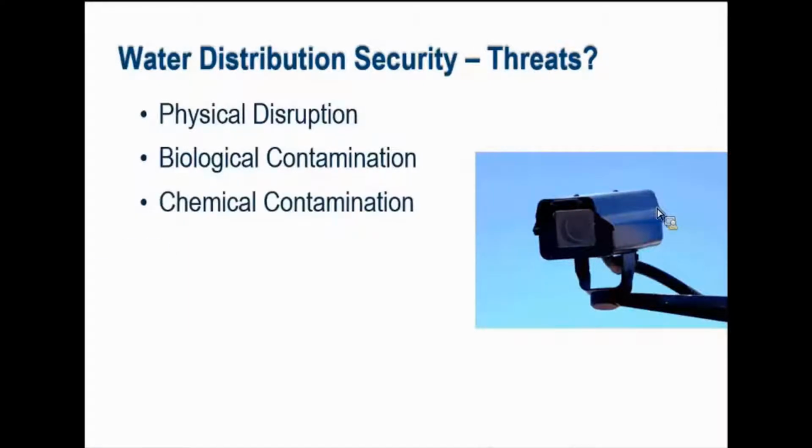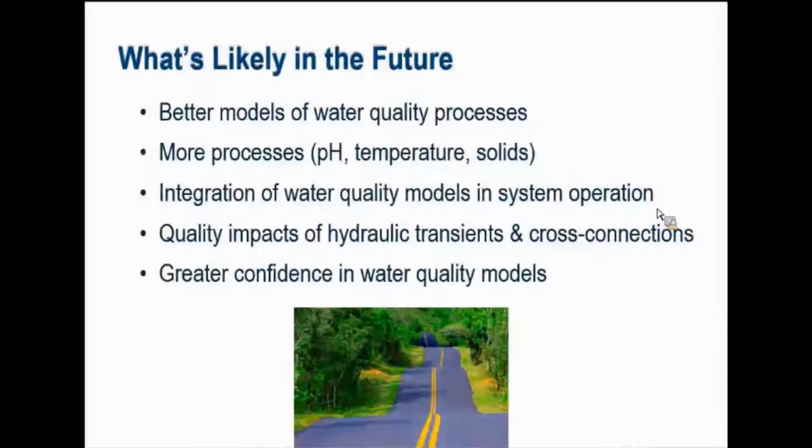Would you actually recognize that only one part of the system is going to be seeing that contaminant? Or if it was chemical, or maybe there's just a loss of customer confidence somewhere because pressures are low and you're trying to understand why it is. pH, temperature, solids, entering in actual chemical reactions and how those reaction rates occur actually in the hydraulic model. That's something we're likely to see in the future. For now, we're really looking at building the confidence of the water quality models with you supplementing the reaction rates for now.